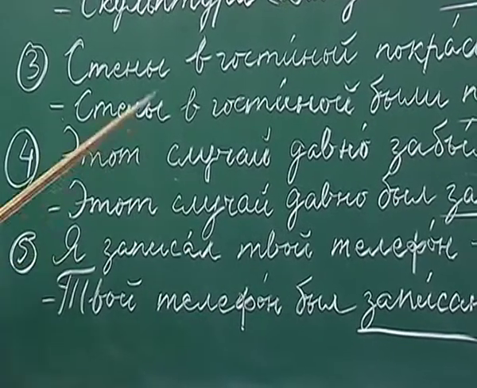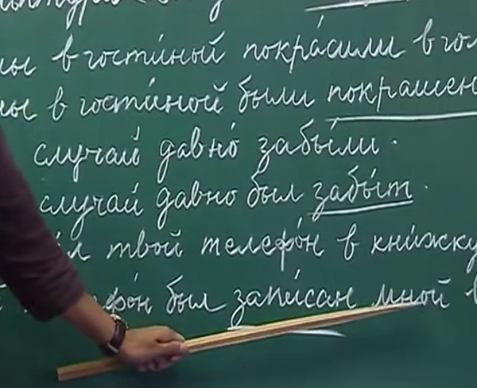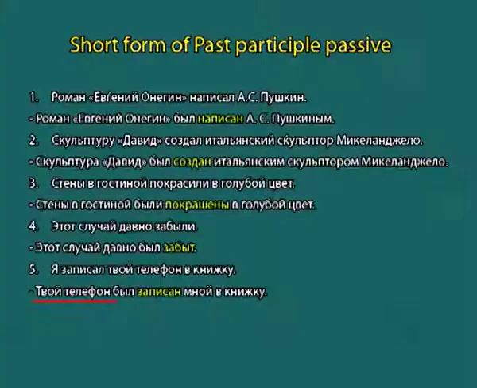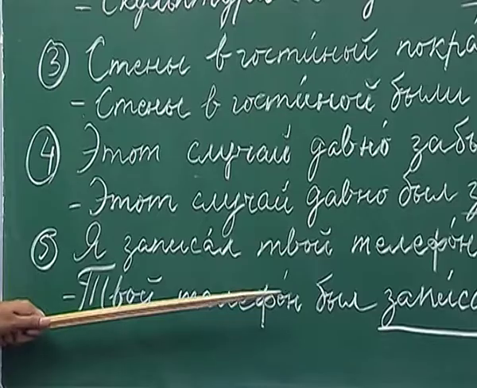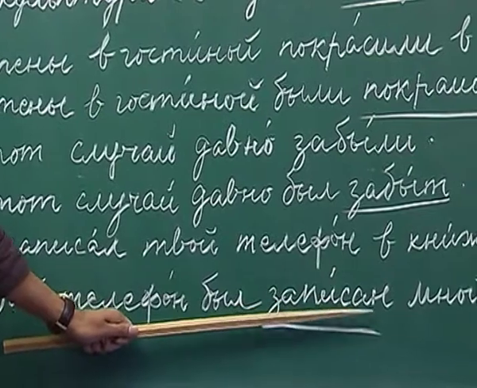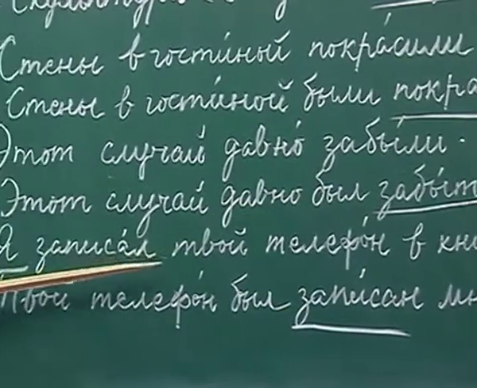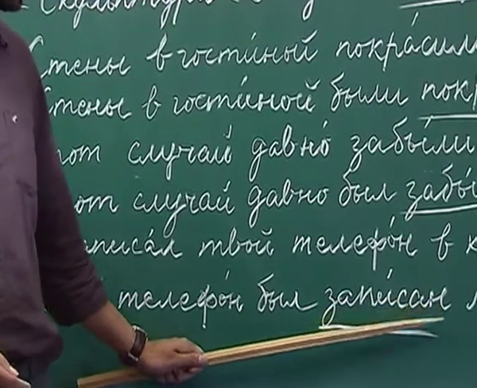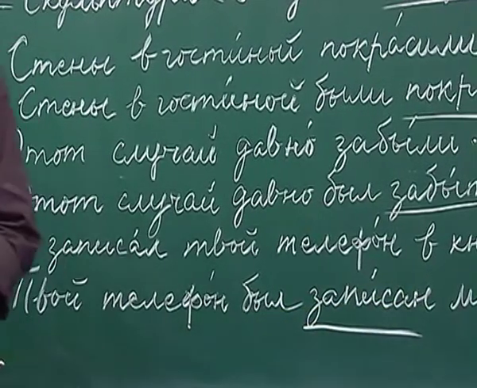The subject has been put in the instrumental case because it is the performer of the action, and tvoy telefon has come to the beginning. Zapisan is derived from the verb zapisat and is the short form of zapisanny, the full form of the past participle passive.